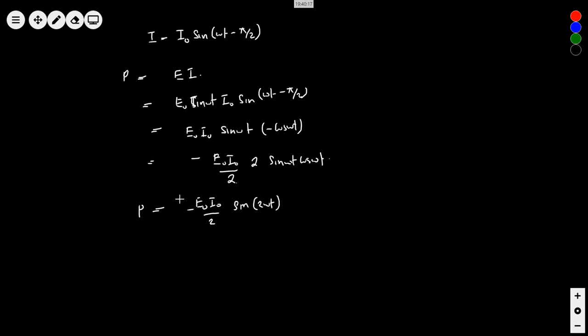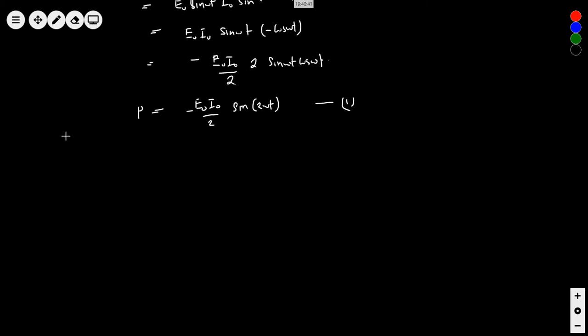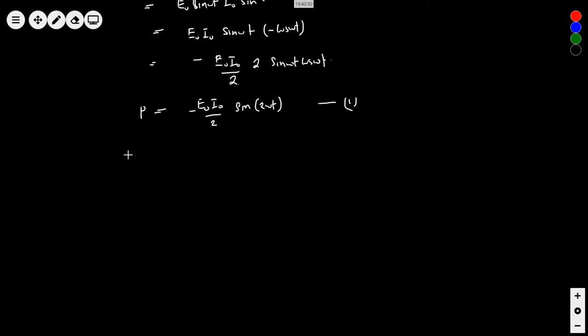Just a minute. Here, if you see one thing, I'll name this equation 1. Now if I integrate this for one cycle, the average power.